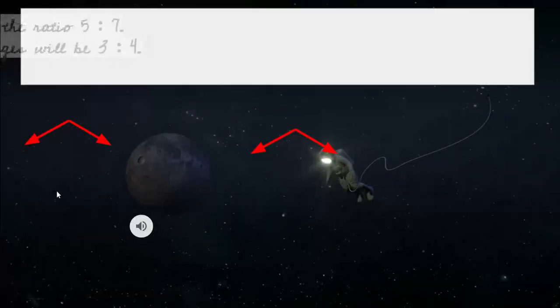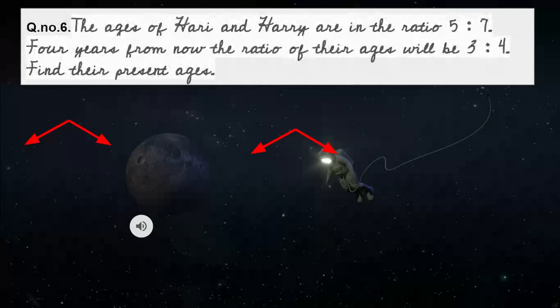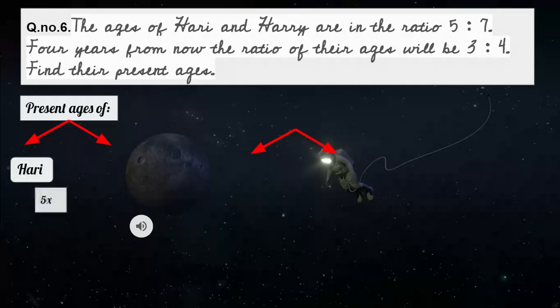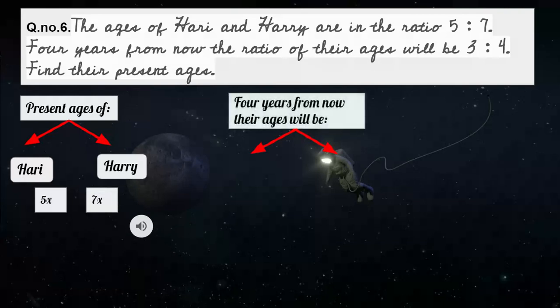Now question number 6. The ages of Hari and Harry are in the ratio 5:7. 4 years from now, the ratio of their ages will be 3:4. Find their present ages. Here the ratio is given, so we can take Hari's age as 5x and Harry's as 7x. 4 years from now means after 4 years, so we have to add.